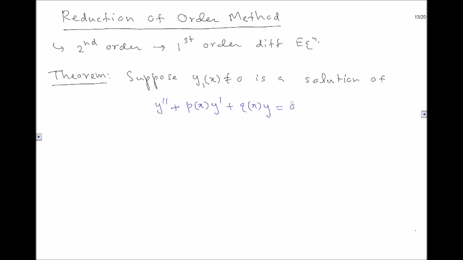So this is a second order linear homogeneous differential equation.